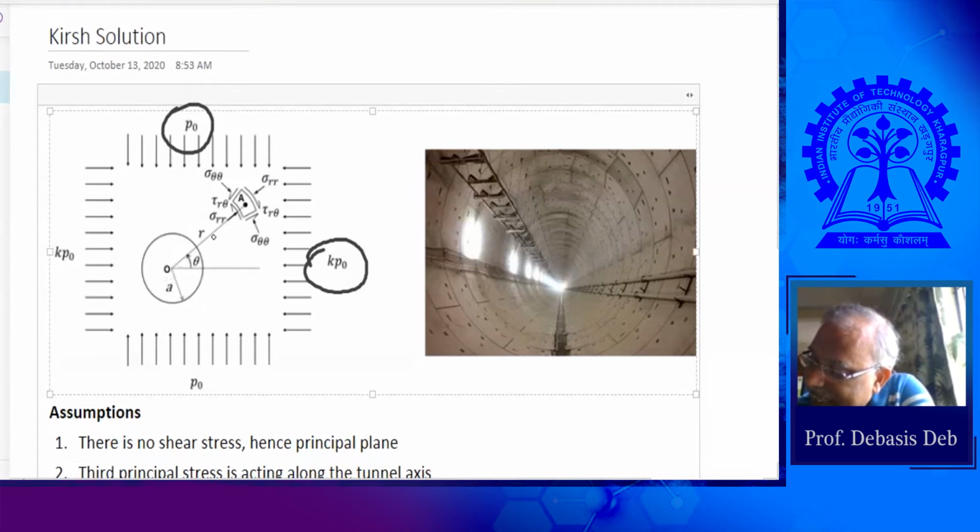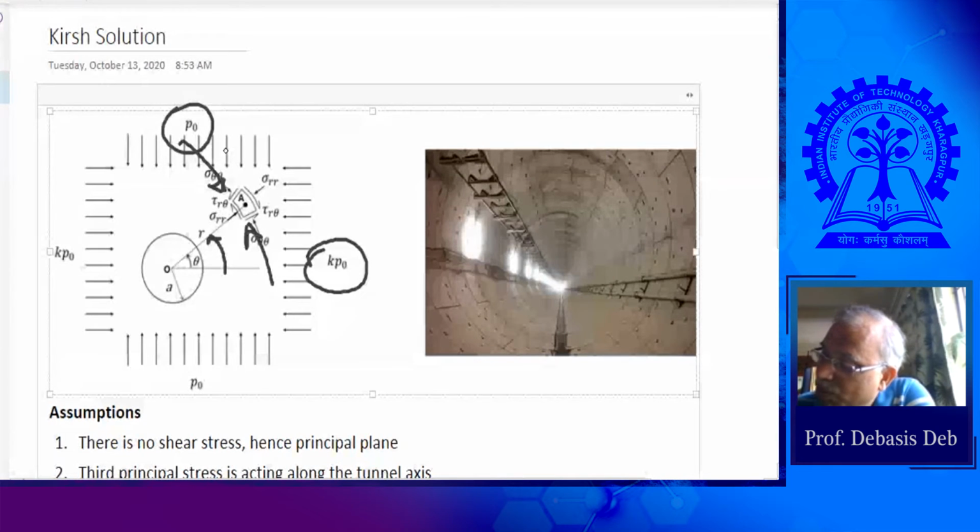Then he said, at r distance apart from the center, having an angle theta here, we have three stresses: sigma rr, which is in the radial direction, sigma theta theta, which is in this direction, and radial is in this direction.